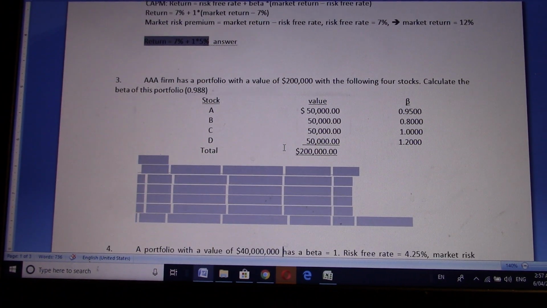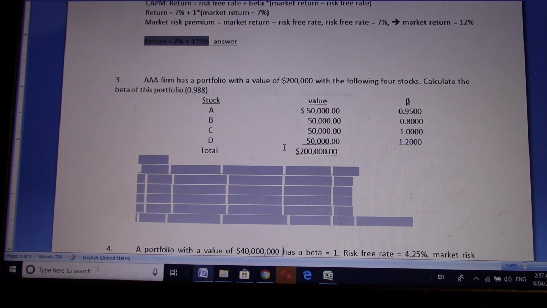Now the third question is a portfolio. The portfolio has four stocks, A, B, C, D, with a total investment of $200,000. Beta of each stock is given. So the question is asking for the beta of this portfolio.